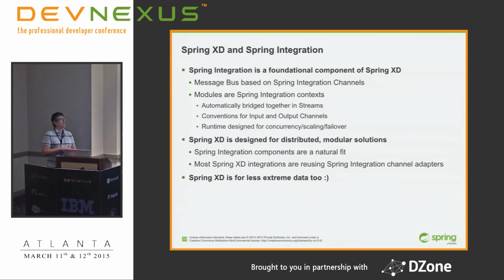Modules are basically Spring Integration contexts. Each module, by convention, has one or two channels, either input and output, or only input or only output, depending on whether it is a processor, a source, or a sink respectively.